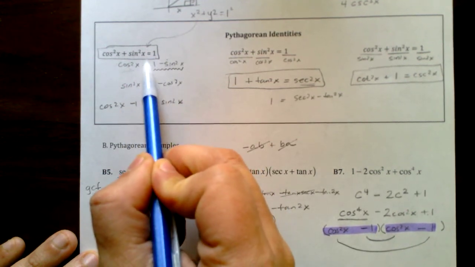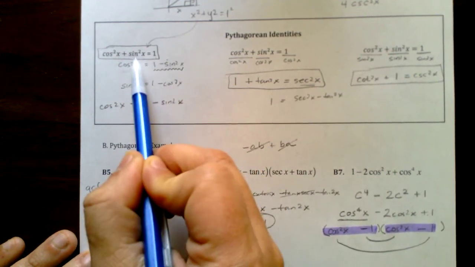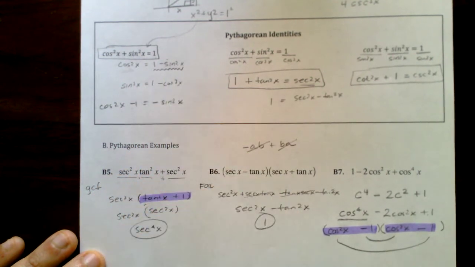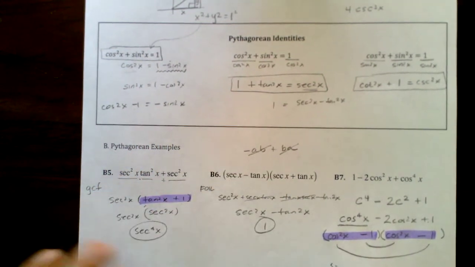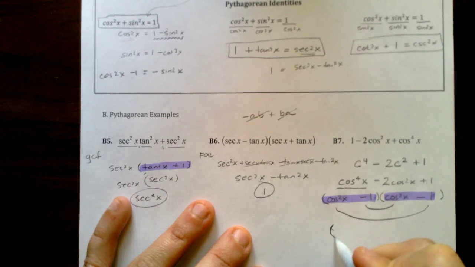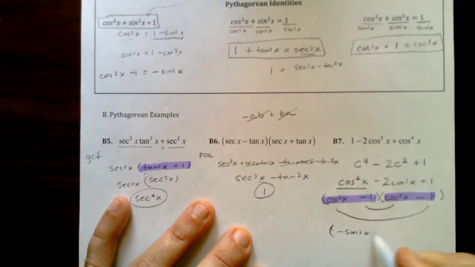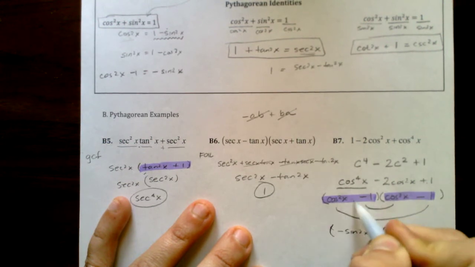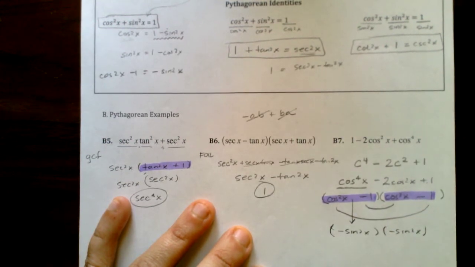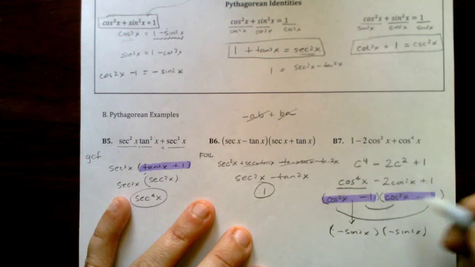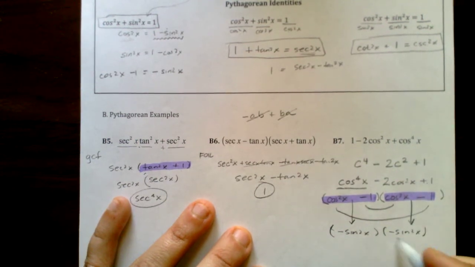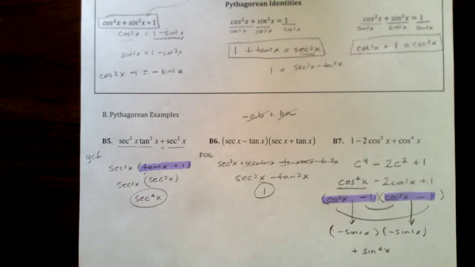So notice when the 1 came to the left, it became minus, and when the sine squared moved to the right, it became minus. So my substitution down at the bottom is now going to be negative sine squared x times negative sine squared x, where I replace the purple with its shorter Pythagorean identity side. Negative times a negative is positive sine to the 4th x.